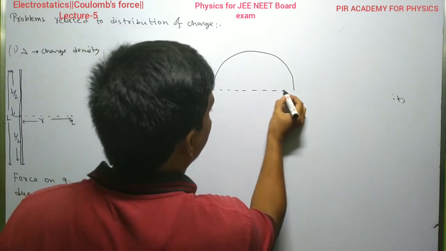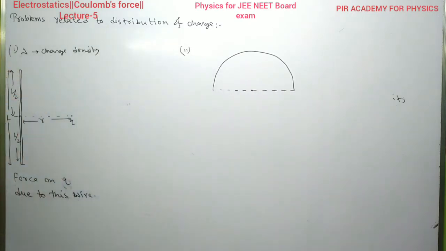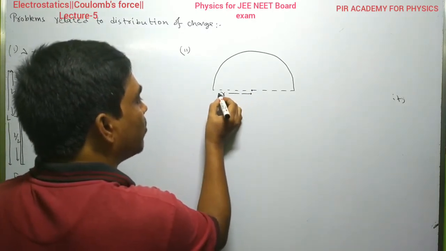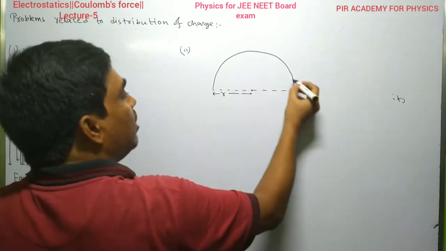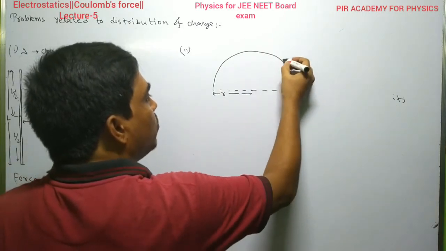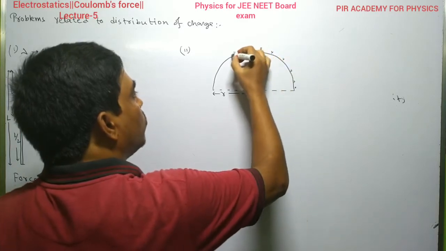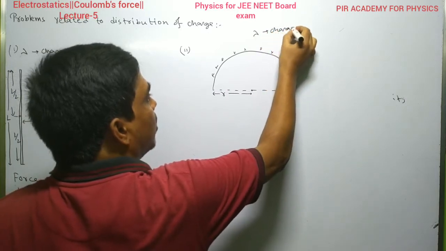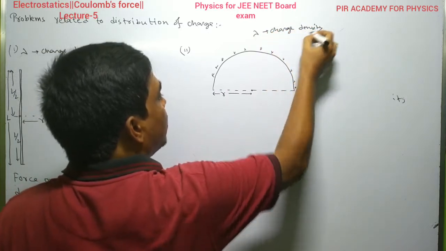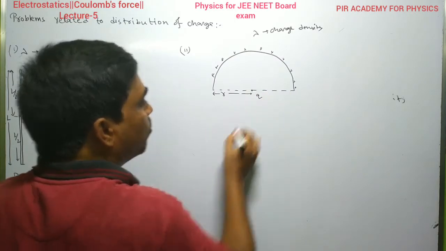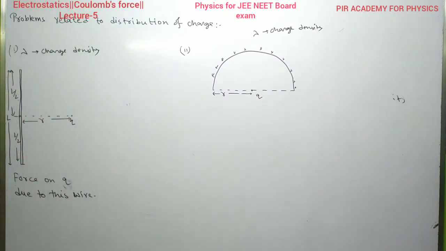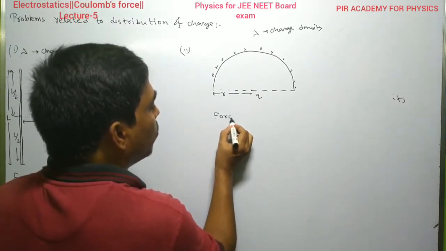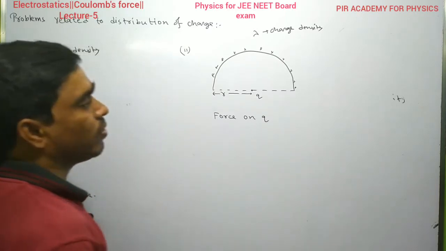This is the center of the semicircular loop, and the radius of the semicircular loop is R. If a charge is distributed through this wire and lambda is the charge density, then if I place a charge Q at the center, what will be the force? You have to calculate the force on Q.